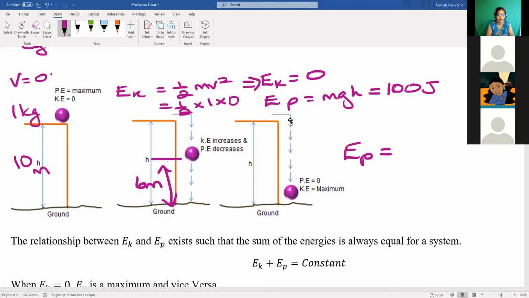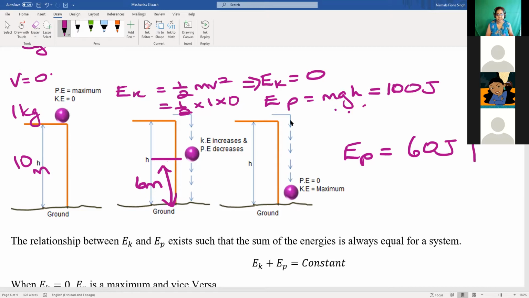Less, right? Because you all can work that out quickly. MGH, M is 1, G is 10, H is 6. So it is now 60. So as the ball falls down and gets closer to the ground, the potential energy is going to decrease.